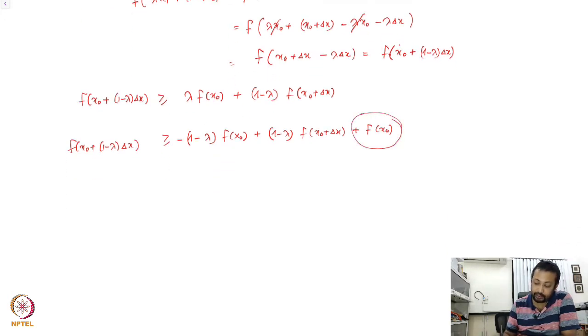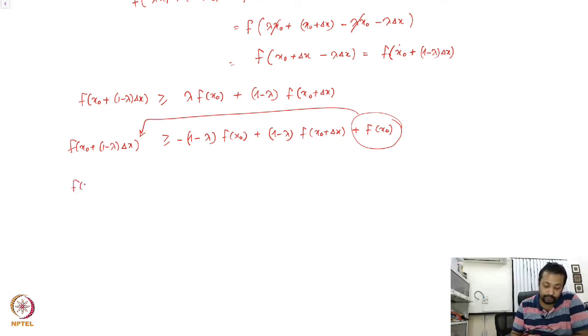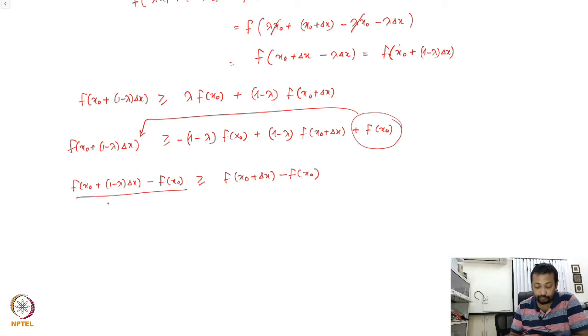Let's bring this part to the right hand side, which would mean that f of x naught plus 1 minus lambda delta x minus f of x naught is greater than or equal to f of x naught plus delta x minus f of x naught. There is a 1 minus lambda which I am going to bring over here, right?